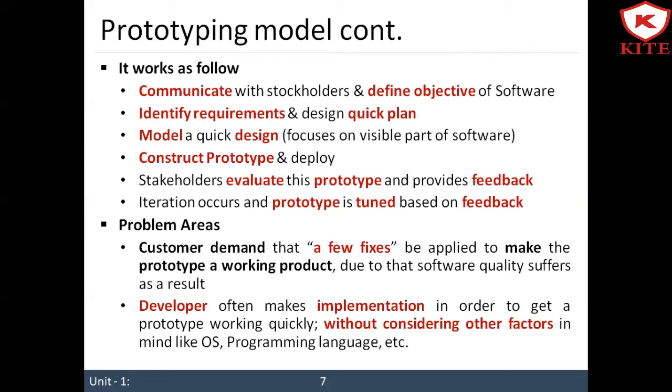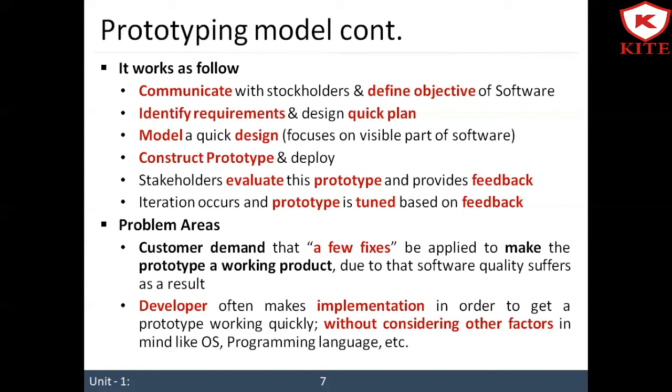So what happens? The customer sees what appears to be a working version of the software, unaware that the prototype is held together with chewing gum and baling wire, unaware that in the rush to get it working, we have not considered overall software quality or long-term maintainability.